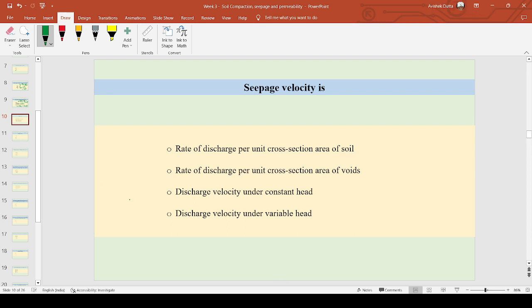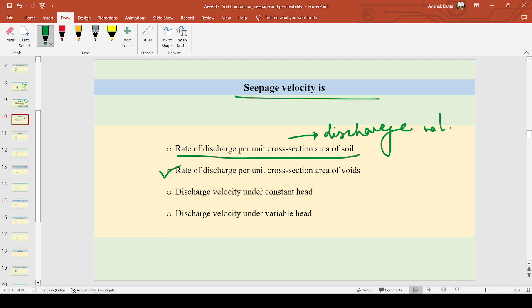It is the rate of discharge per unit cross-section area of voids. When we are considering per unit cross-section area of soil, then it is called discharge velocity. So seepage velocity considers the void in the soil and not the entire cross-section of the soil.